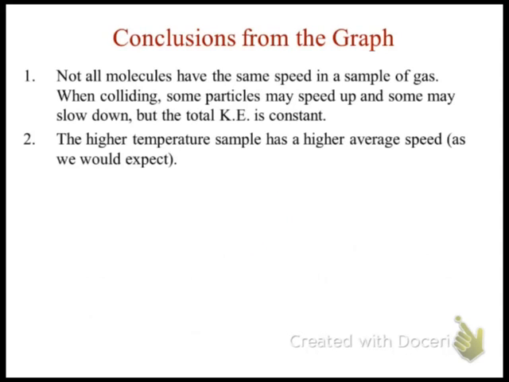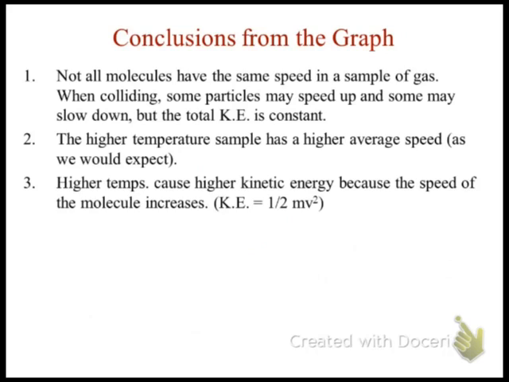One, not all molecules have the same speed within the sample of a gas. Two, the higher the temperature of the sample, the higher the average speed. Higher temperatures cause higher kinetic energy. Using our kinetic energy formula, we can sort of explain this.